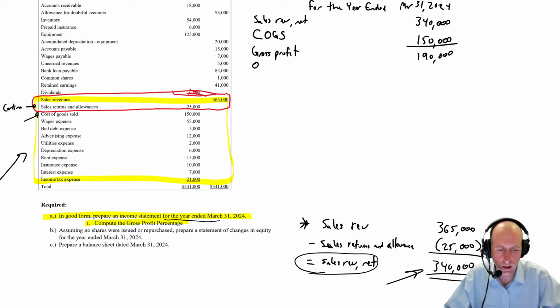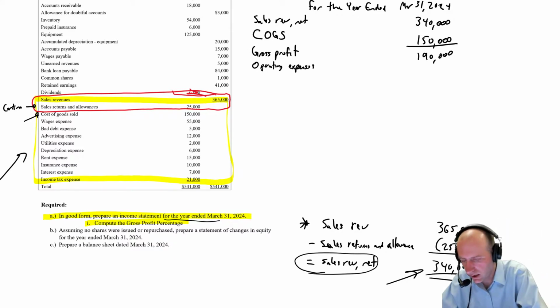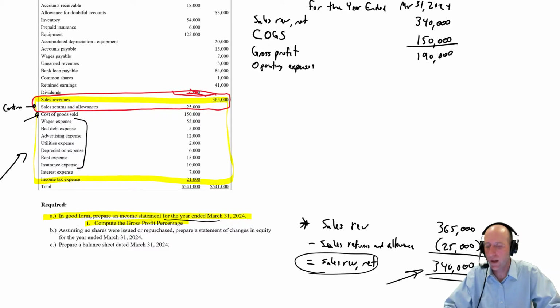So let's do it. We have operating expenses, and everything down to interest is considered an operating expense. So wages, bad debt, advertising, and so on.